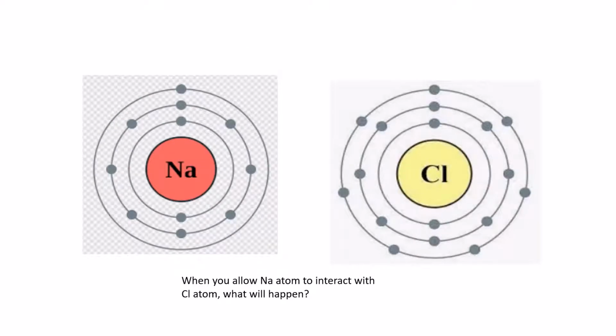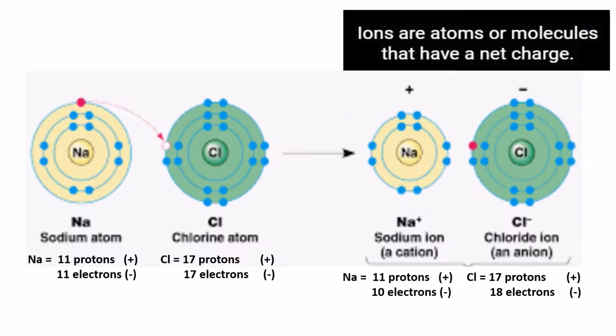What will happen when you allow sodium atom to interact with chlorine atom? Sodium atom will donate one of its electrons to chlorine atom, and chlorine atom will accept one electron coming from sodium atom. There is now a change in the number of their electrons.